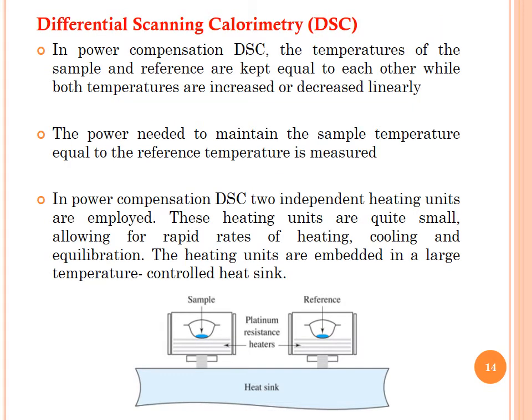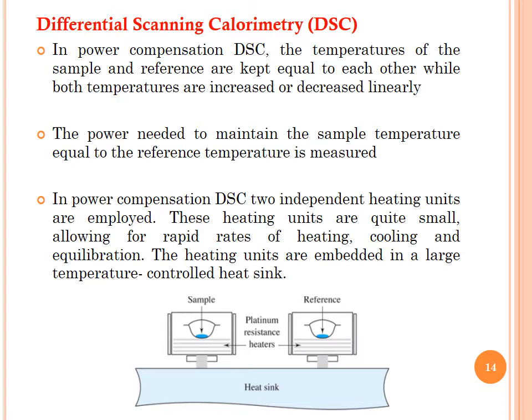In power compensation DSC, the temperature of the sample and reference are kept equal to each other, while both temperatures are increased or decreased linearly, meaning in a linear way. The power needed to maintain the sample temperature equal to the reference temperature is measured.